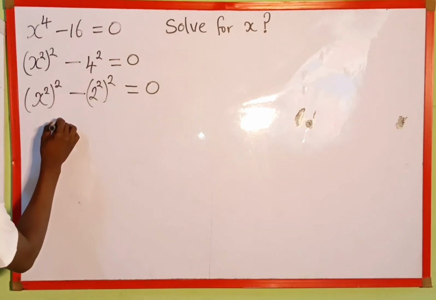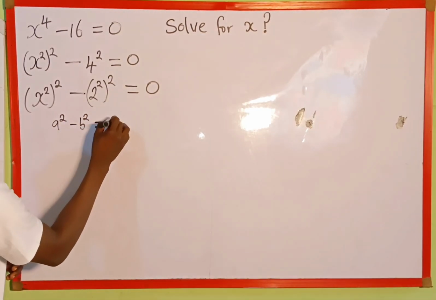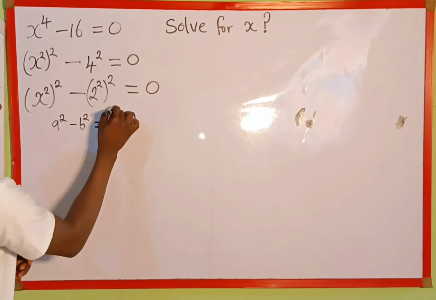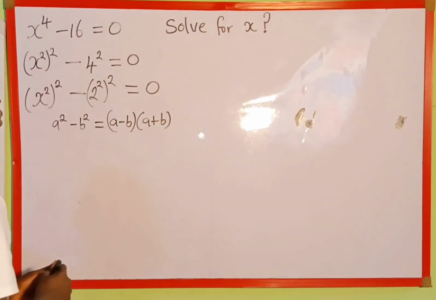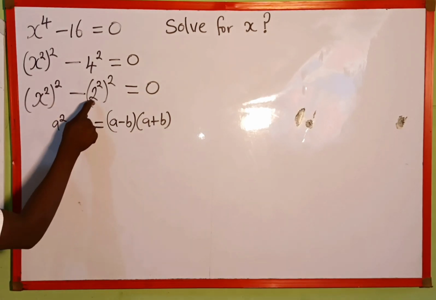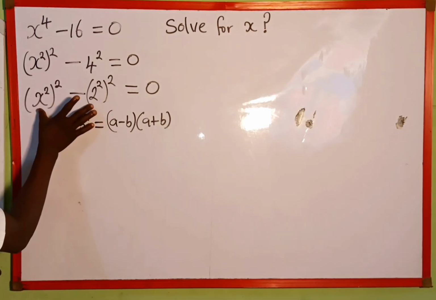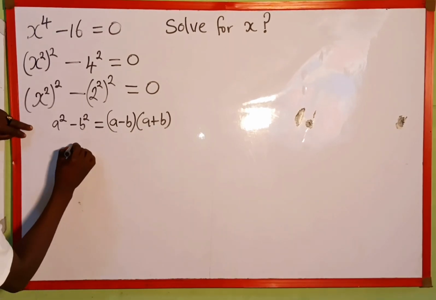Recall that when we have a to the power of 2 minus b to the power of 2, this is the same as what? A minus b multiplied by a plus b. So this is an identity. So in this case now, a represents x to the power of 2, while b represents 2 to the power of 2. So we're going to write this in the form of this. So this is going to be equal to what?